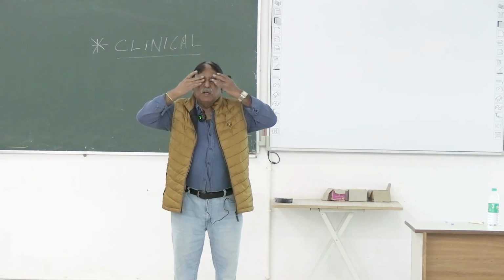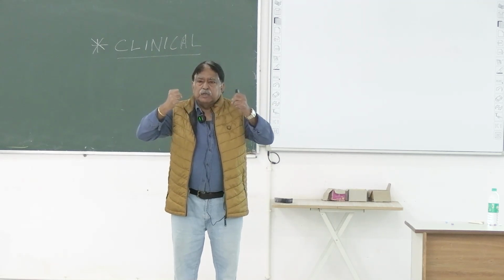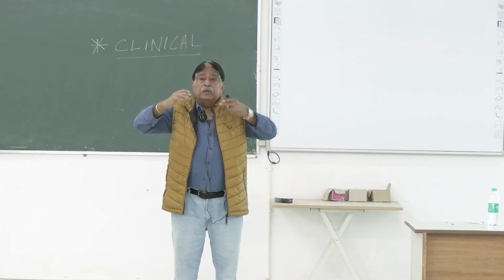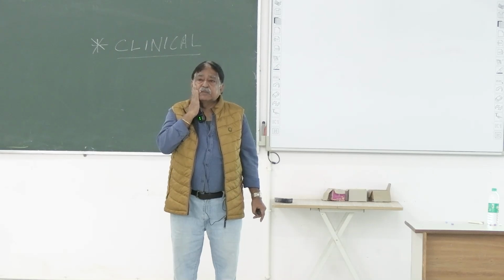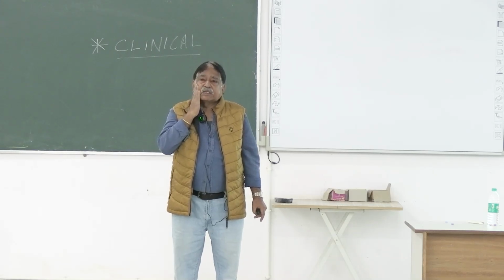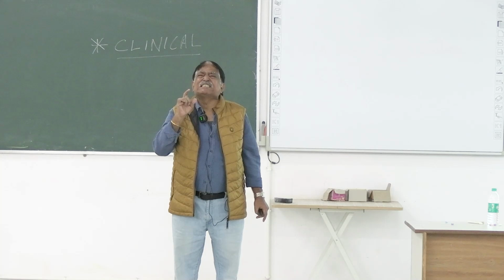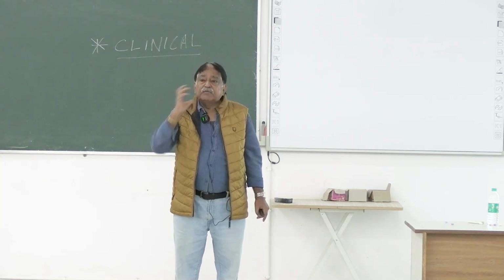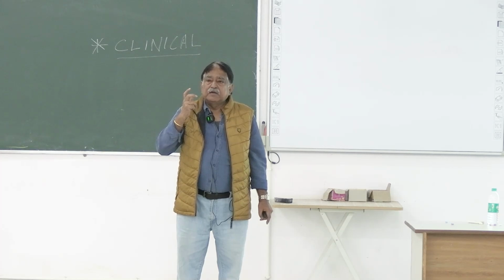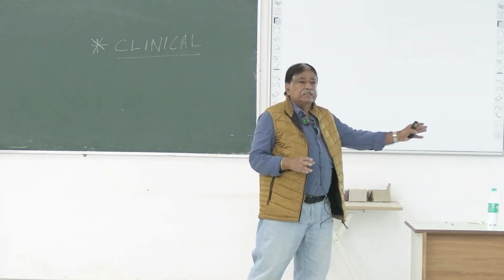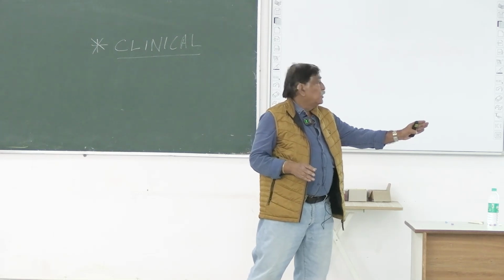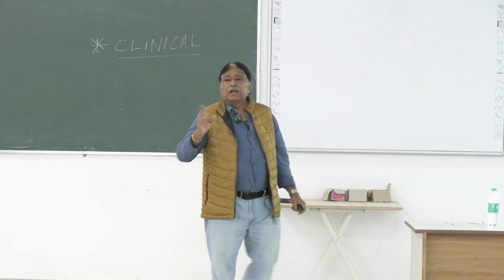You ask, close your eyes, keep them tightly shut, and you try to move the eyelids. You see the facial muscles. You check the masseter. So you have to diagnose these things by your anatomical knowledge.